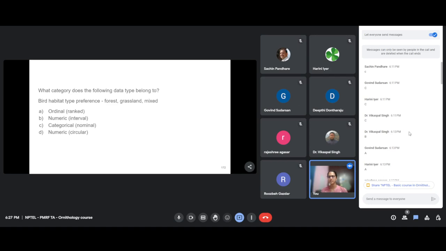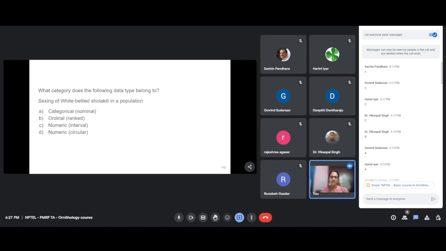You can't say forest is 1, 2, 3, 4, there's no scale to it. It's categorical data, and it is nominal. You have forest, grassland, and mixed, and they can't be ranked, so it falls under categorical nominal.